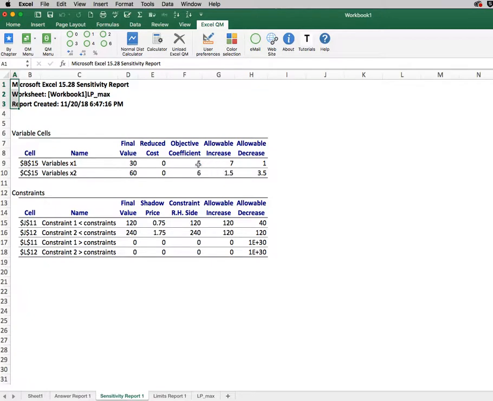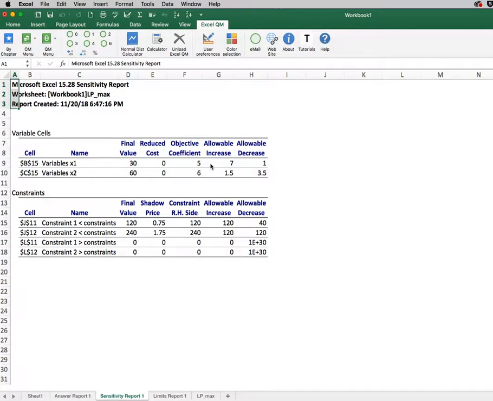Well, in other words, what it's telling us, this is for X. It's saying we can increase it by 7, or we can decrease it by 1.